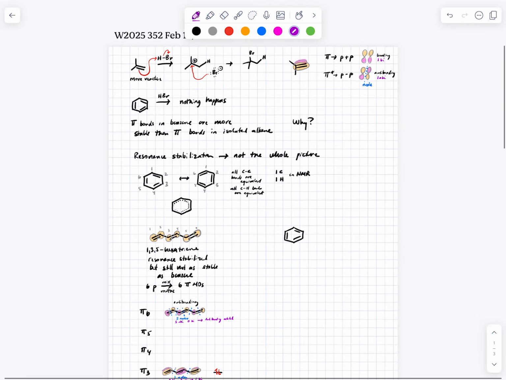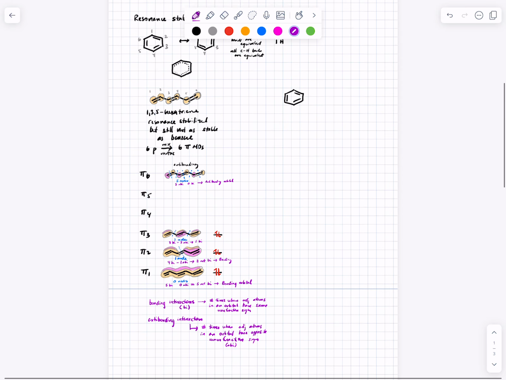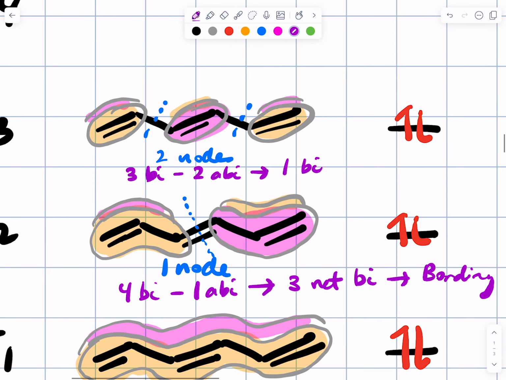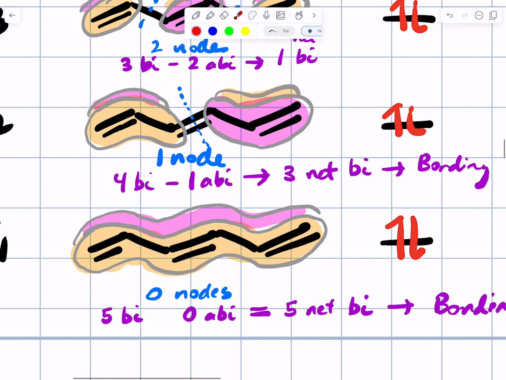So I could conclude from that this pi3 orbital with 1 net bonding interaction is about the same in energy as a pair of electrons in an isolated pi bond, whereas these 2 are more stable than expected for an isolated pi bond, and these 2 are even more stable than that. This gives you a sense for why resonance is so stabilizing. It allows electrons to experience more nuclei and to delocalize over more space. Okay, questions about that?